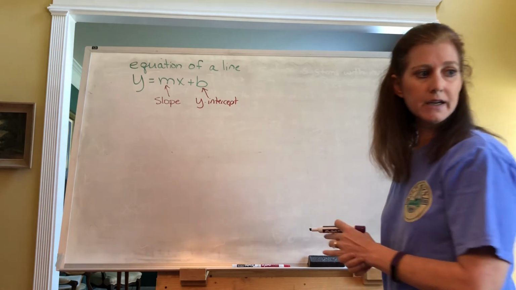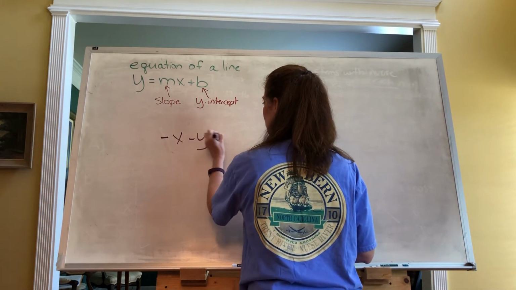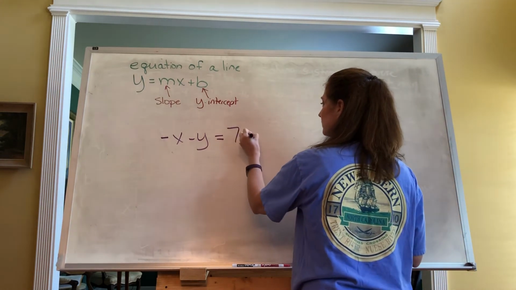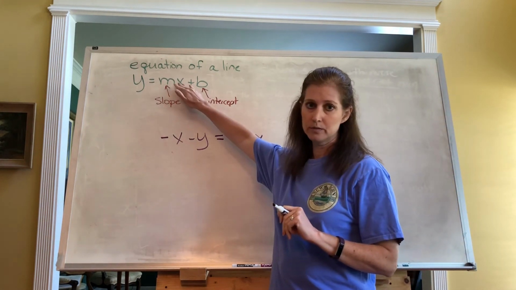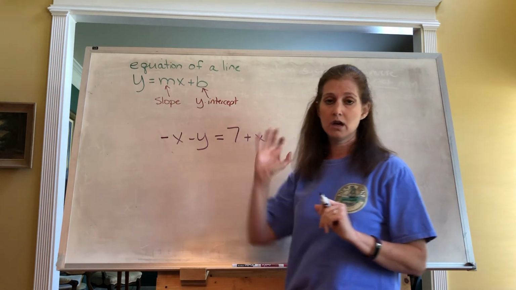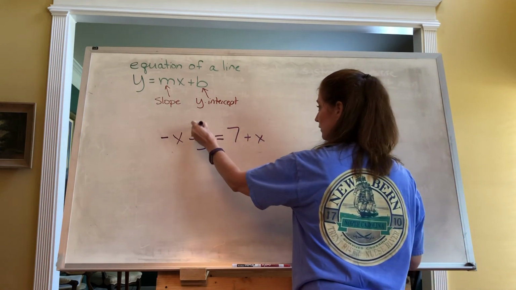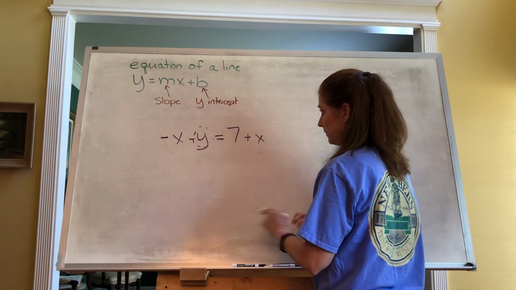All right, so if I have this equation here, all right, so like I said, we want to get it into this form because this form is how we can graph it very easily. So I want y all by itself, and I want everything else on the other side, okay?